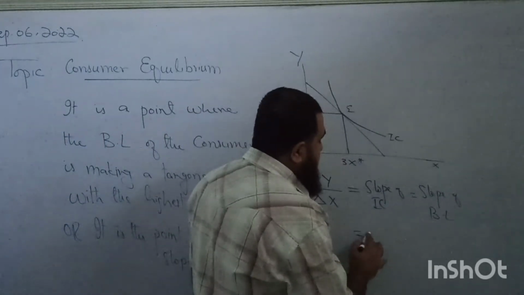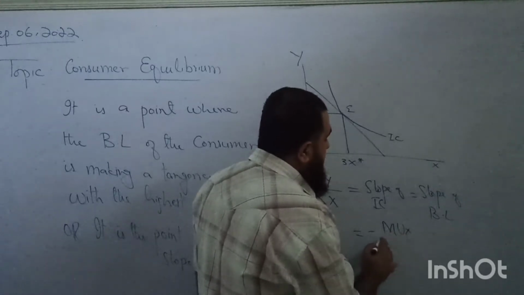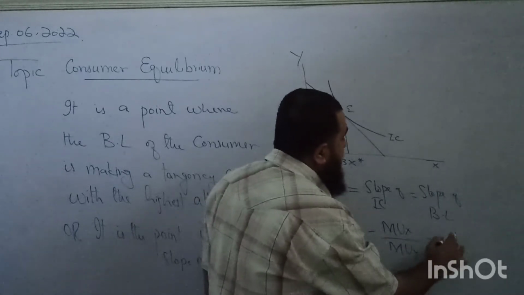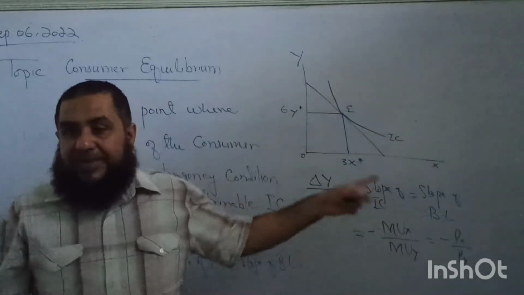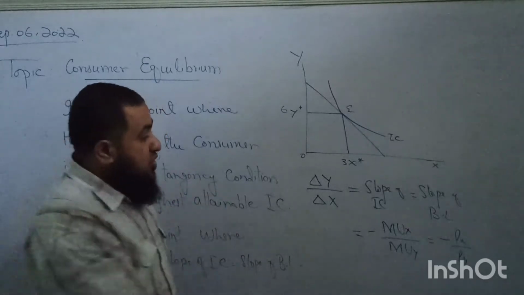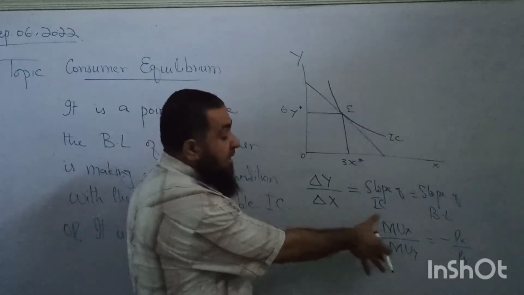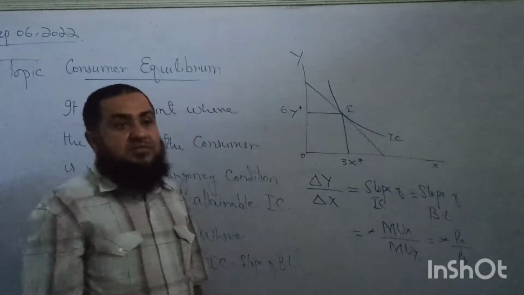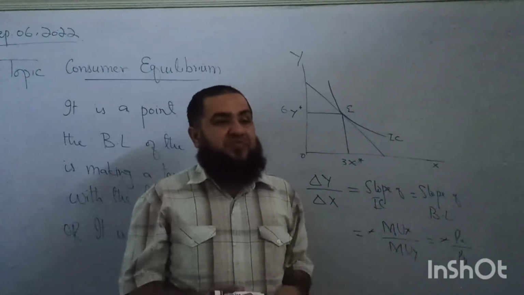It is negative: marginal utility of X over marginal utility of Y should equal minus price of X over price of Y. We studied these slopes separately in case of the indifference curve and in case of the budget line. So this is the slope of the indifference curve, and this is the slope of the budget line. So the negative sign is canceled out. Now the marginal utility ratio is equal to the price ratio.